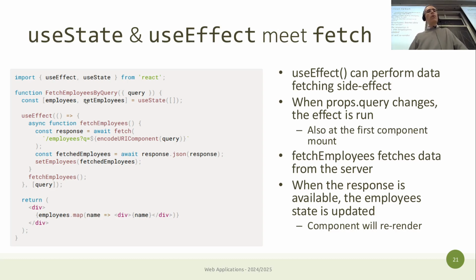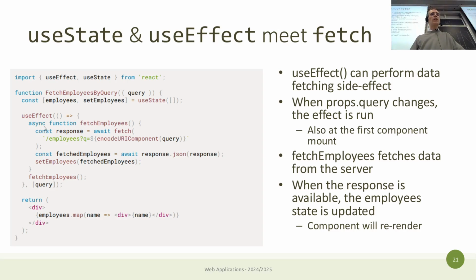So let's have a look at this code. We have a component, fetch employees by query, that takes a prop query, which is put as a value in the dependency list of the useEffect. So basically we are saying here, every time the value of query changes, you need to run the callback inside the useEffect.